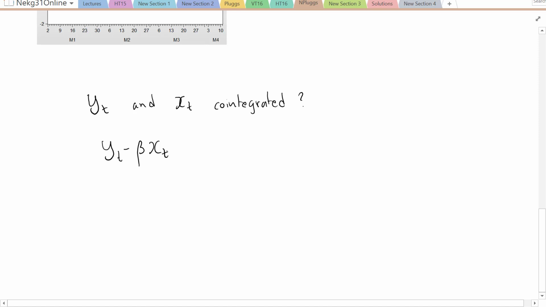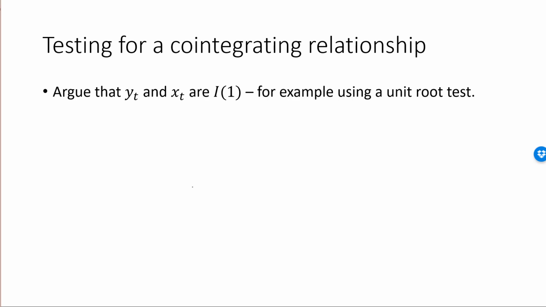The fact that I don't know beta is a nuisance, but I know that I can consistently estimate beta if they are cointegrated. So what we will do instead is to consider y_t minus b x_t, where b is the OLS estimator. So the process that we will carry out to test for cointegration is as follows. First, we have to argue that both of them are I(1).